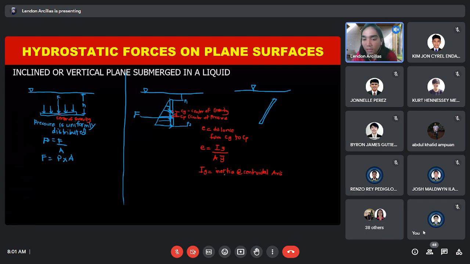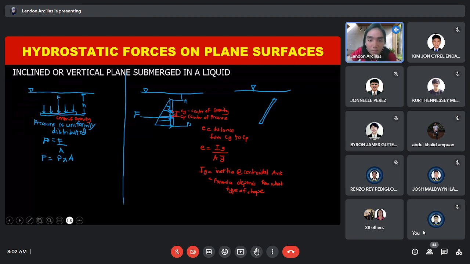So magdedepende yung inertia sa formula, depends from what type of shape. Okay, so magdedepende yung formula ng inertia sa anong type ng shape.